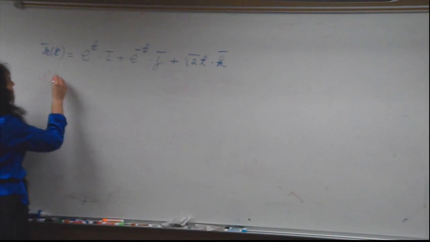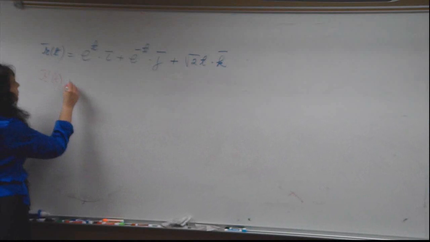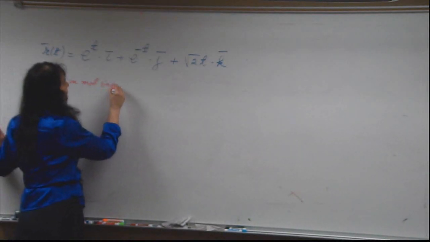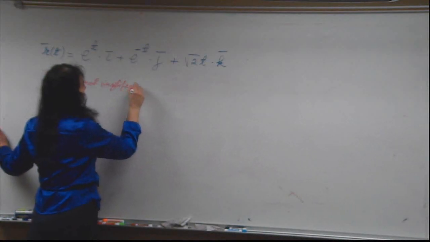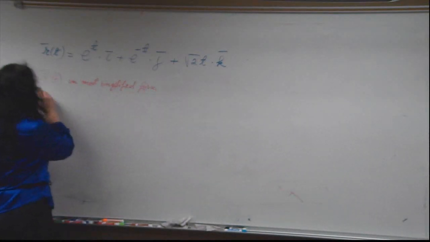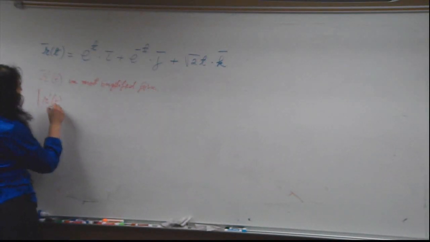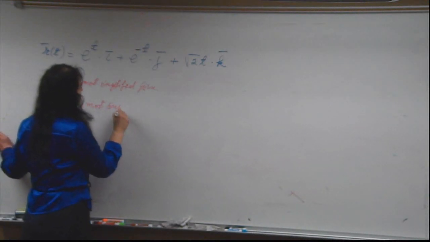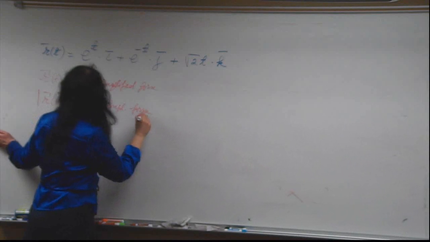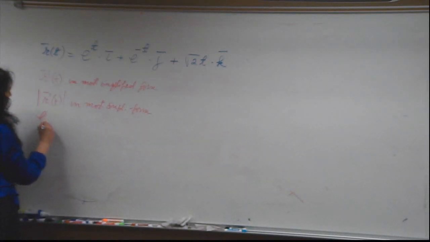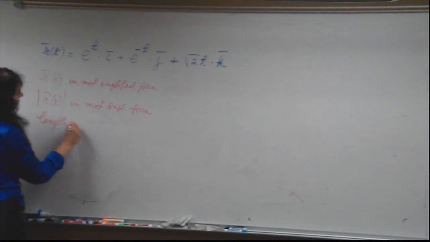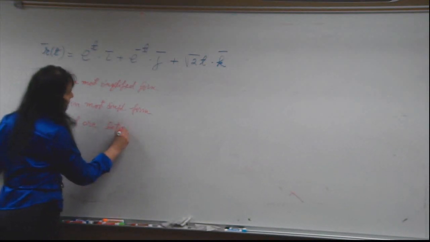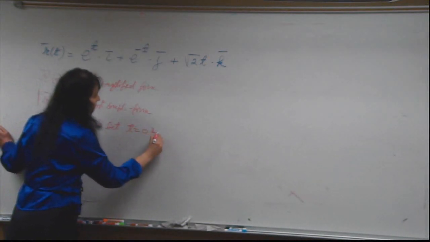Find r prime of t in the most simplified form, and find the absolute value of r prime of t in the most simplified form. And find the length of the arc of this curve between t equals 0 and t equals 1.